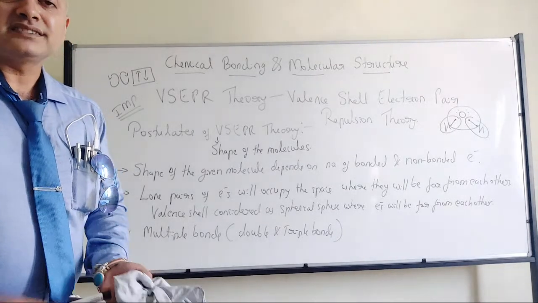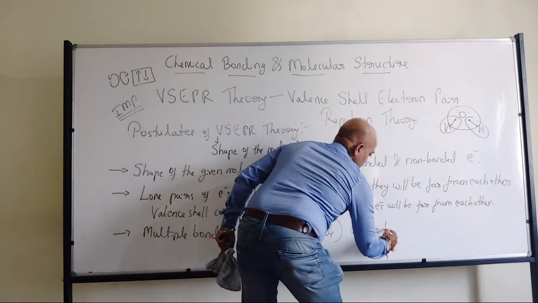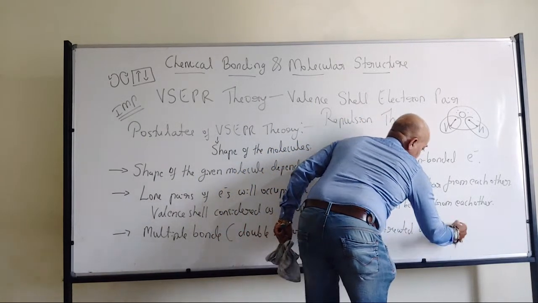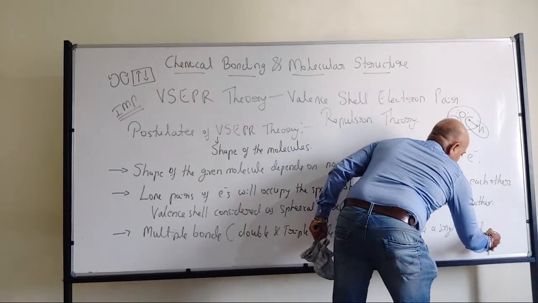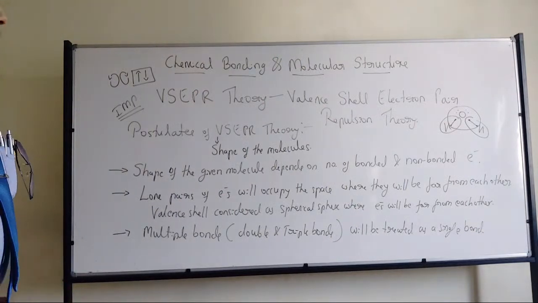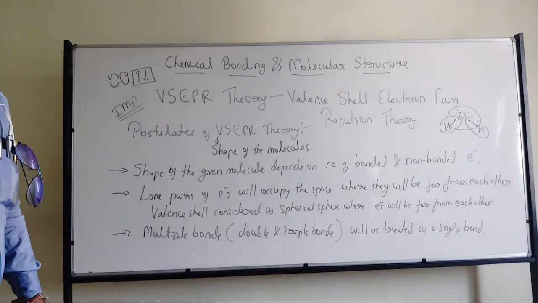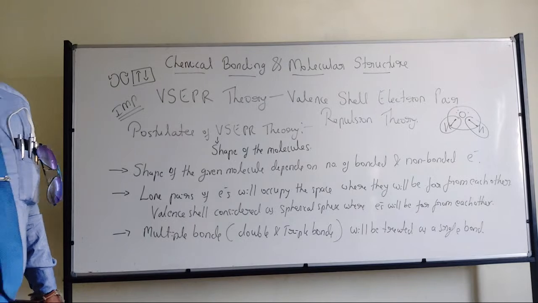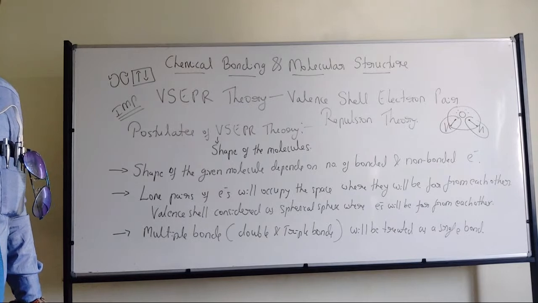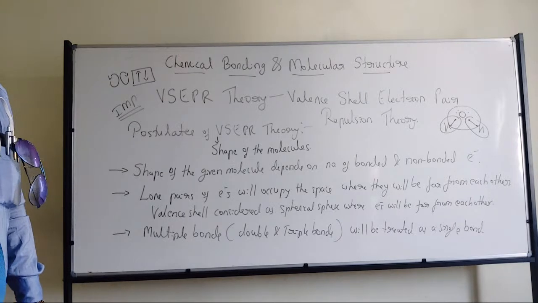They will be treated as a single bond. So what I mean to tell here is, in a single bond 2 electrons are involved. In a double bond 4 electrons are involved. In a triple bond 6 electrons are involved. But during VSEPR theory, for the shape of the molecule, these electron numbers will not be considered. Altogether they will be considered as a bonded pair of electrons.